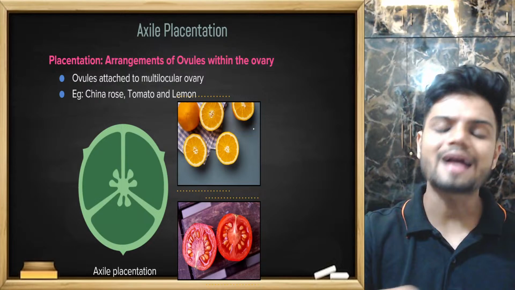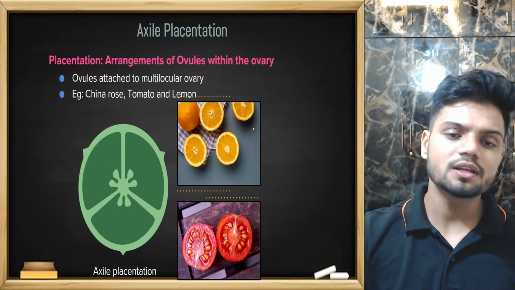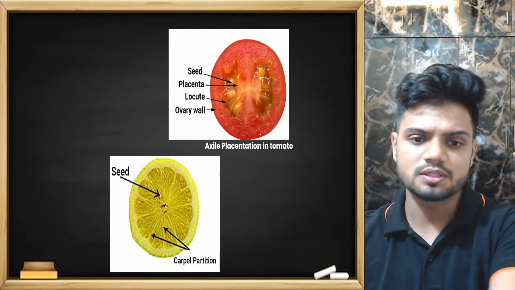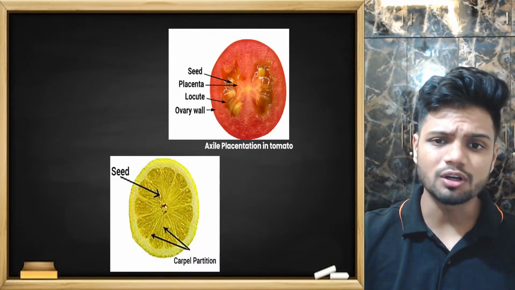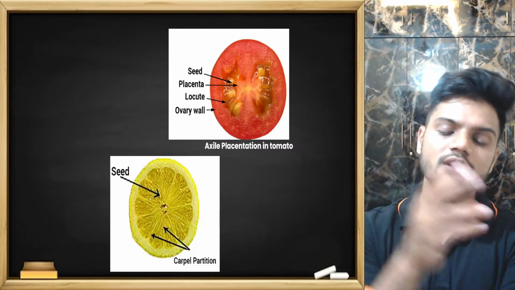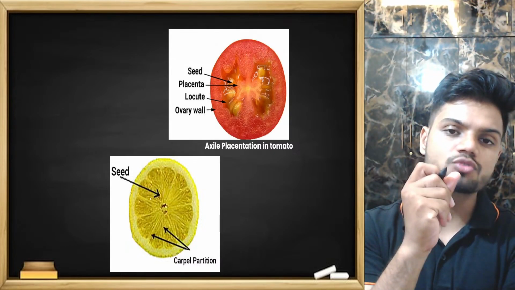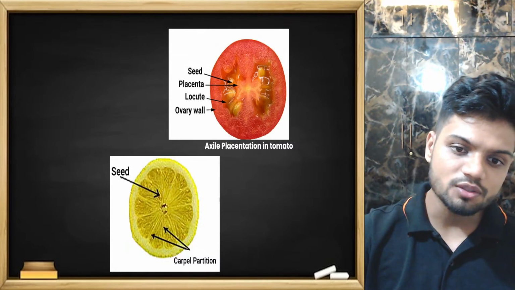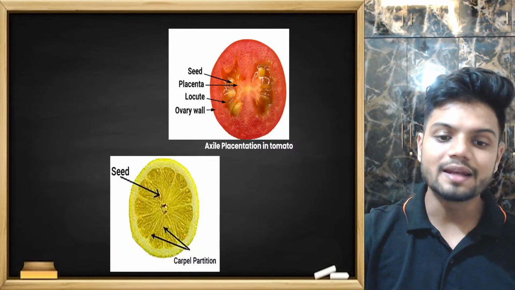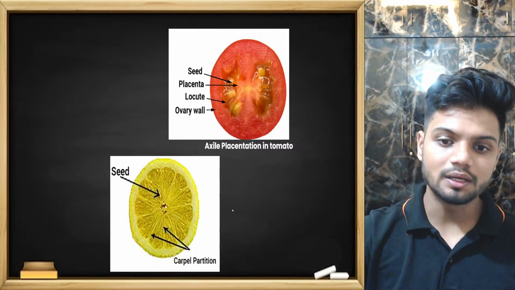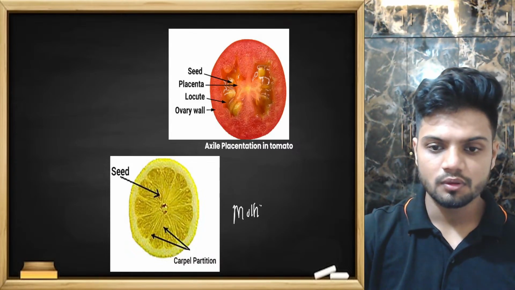Now, students, what is axial placentation? In axial placentation, it's usually multilocular. That is the main important pointer. How to remember? If you look at a lemon or tomato, do you see many small lines inside? Have you seen this when you squeeze a lemon for juice? Each one is called a locule, and it is always a multilocular condition.